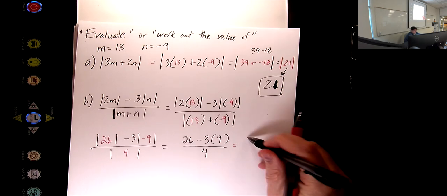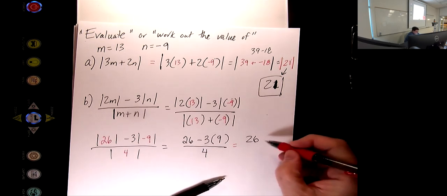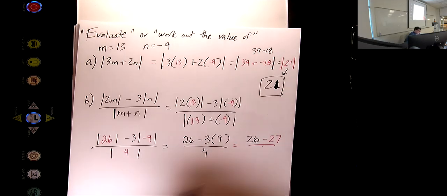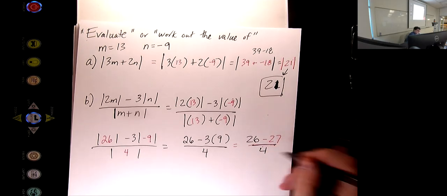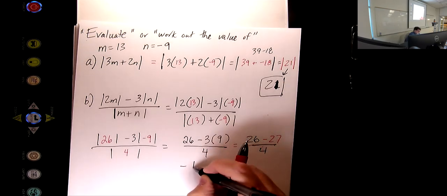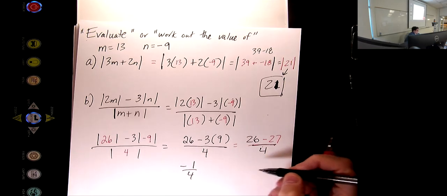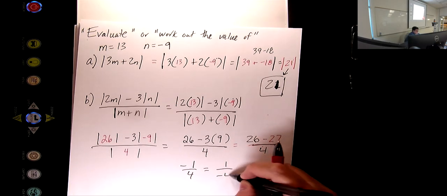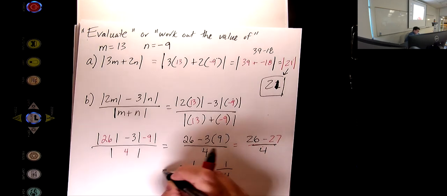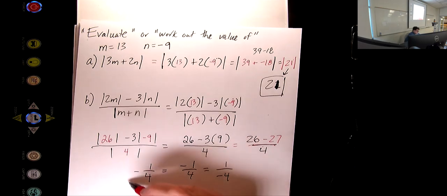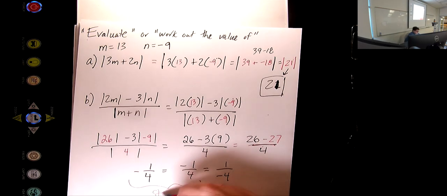So 26 minus 27 over 4. And when we clean that up, we get -1 over 4. You can leave the negative on top, or put the negative on bottom, or the negative out front. These are the standard placements for the negative sign.